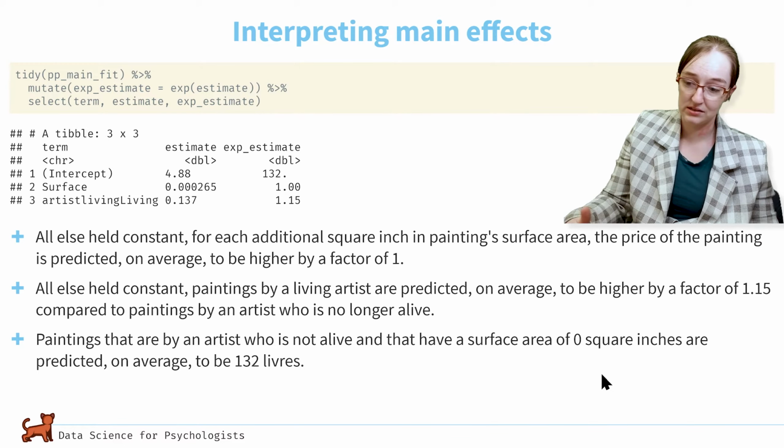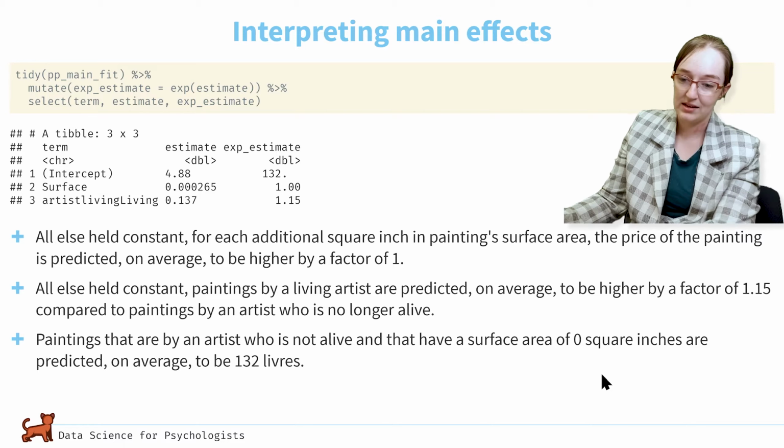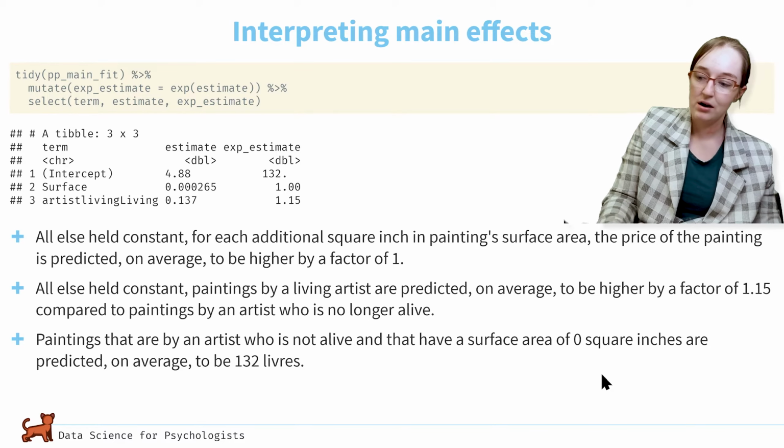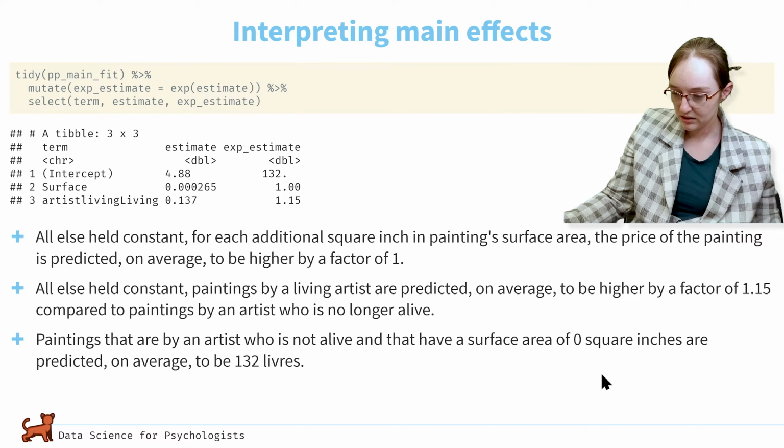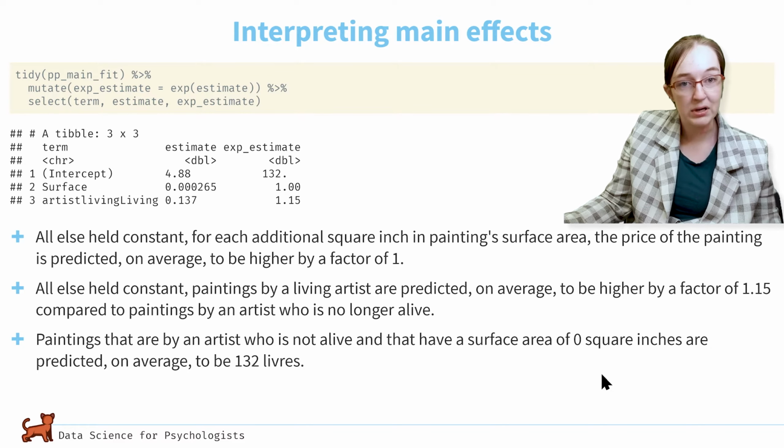And paintings by an artist who is not alive and that have a surface area of 0 are predicted on average to be worth 132 money units.